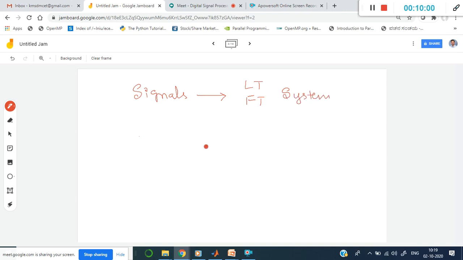Now see, any signal has to pass through some system. Then I need to know whether the system is stable, causal or non-causal, memory or memoryless, stable or unstable, only then can I pass the signal. If not, again it is not possible.